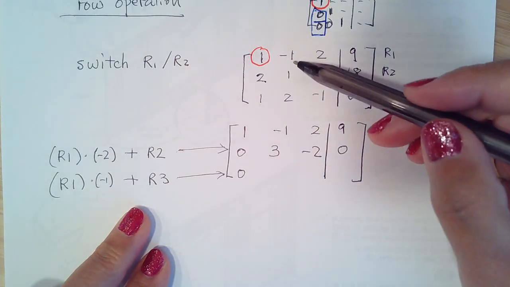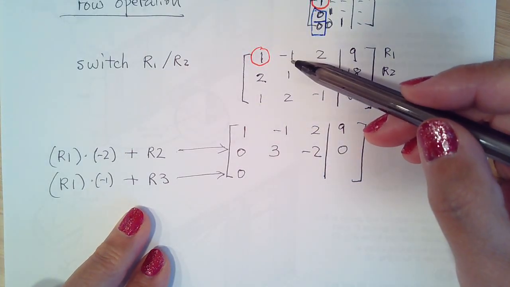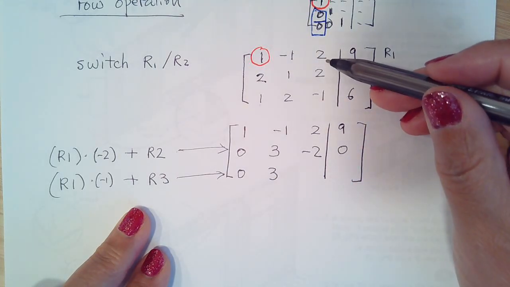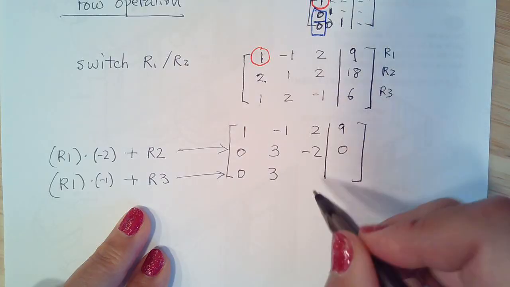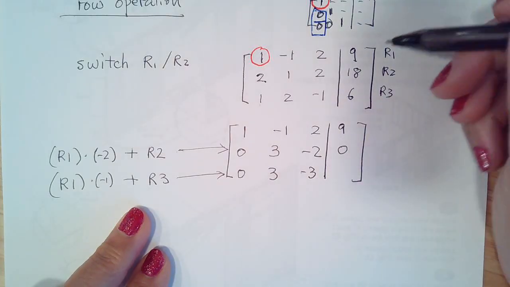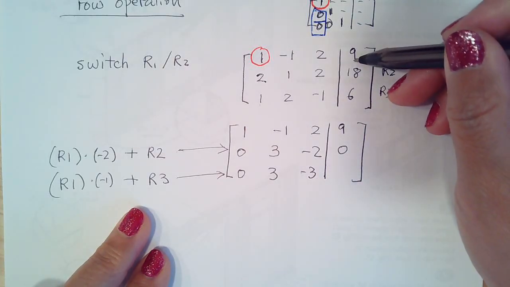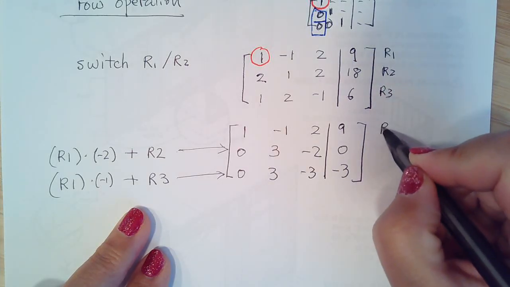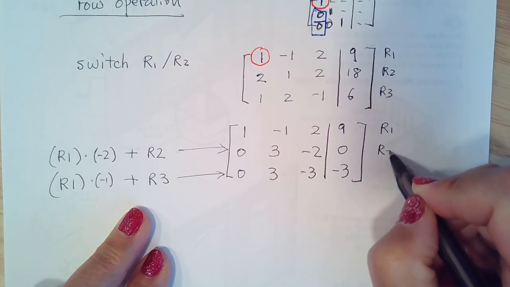And this one multiply by -1, you get a positive 1, add to that. This one times -1, which is -2, so you get a -3. And here you times -1, which is -9. -9 plus that, you get a -3. That's my new R1, R2, R3.